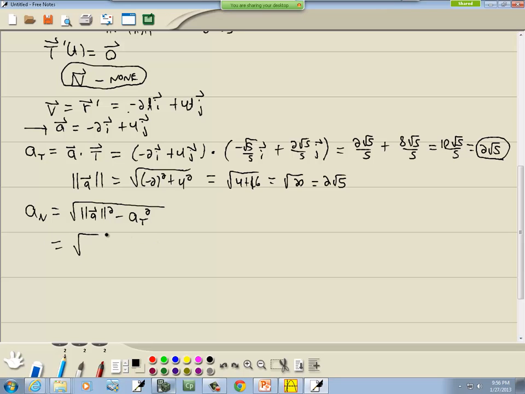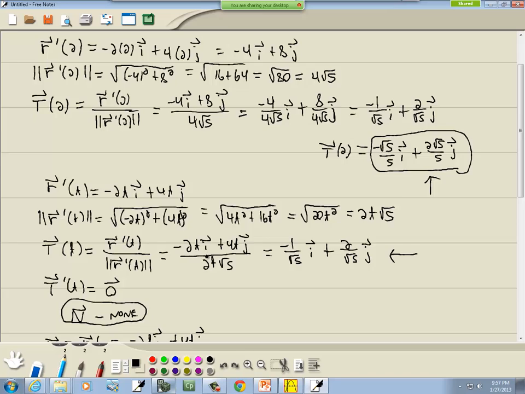Well, let's see, the magnitude of that is 2 square root of 5, so we got 2 square root of 5 squared minus this squared, which is 2 square root of 5 squared, which gives us 0. And if you think about it, that makes sense, considering we're dealing with a line and what we found out about the normal vector. So let me save that.